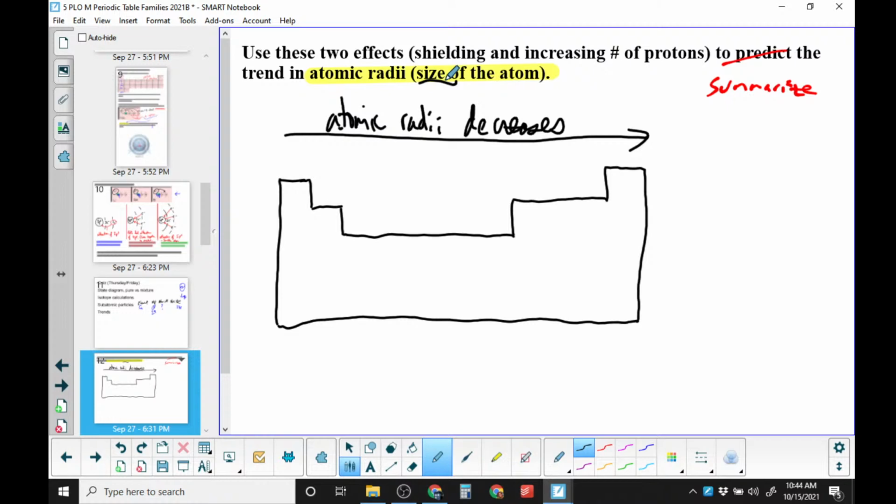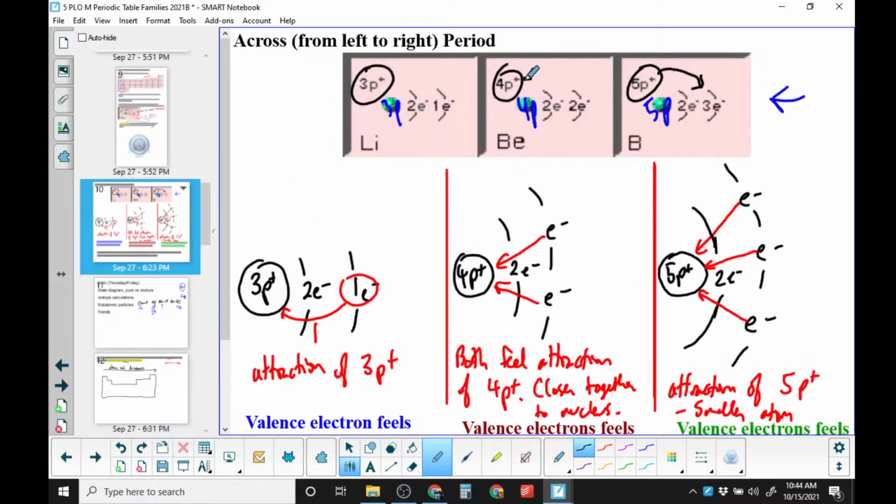Why? Are there more shells as you go across? There's more protons. There is more stuff, but there's also more attraction.